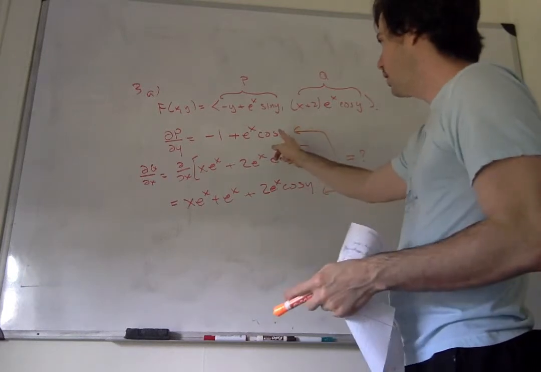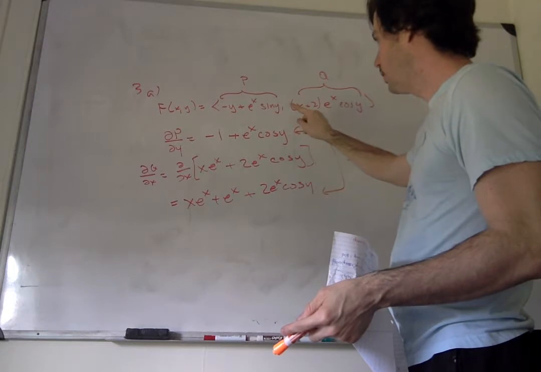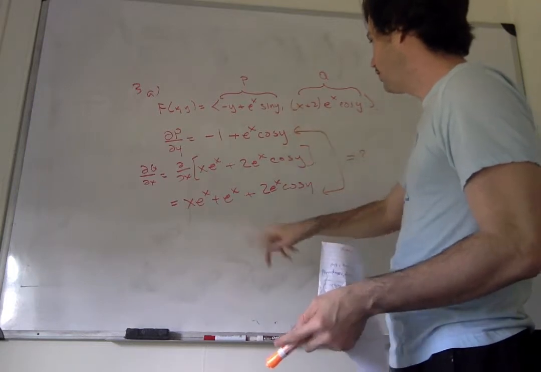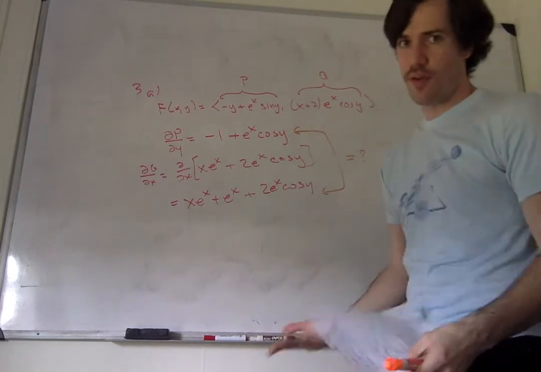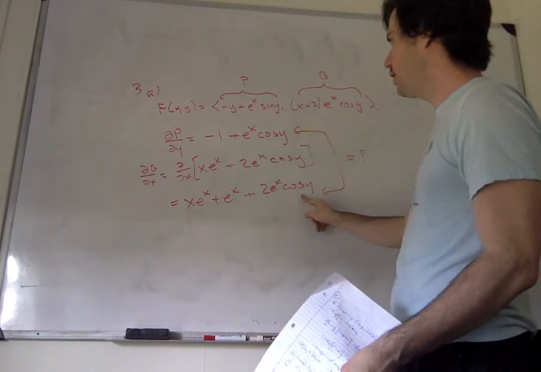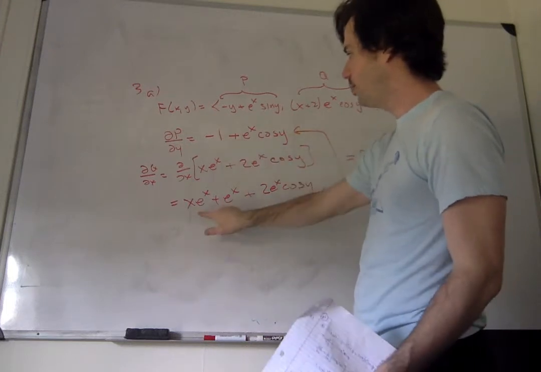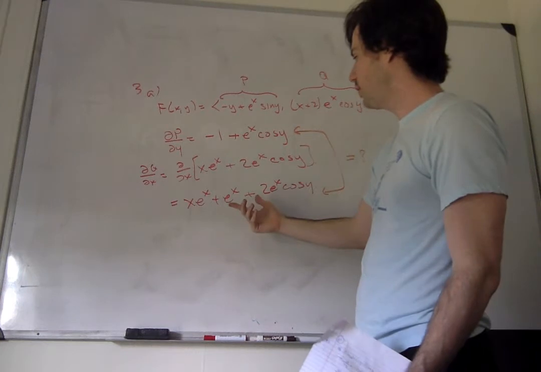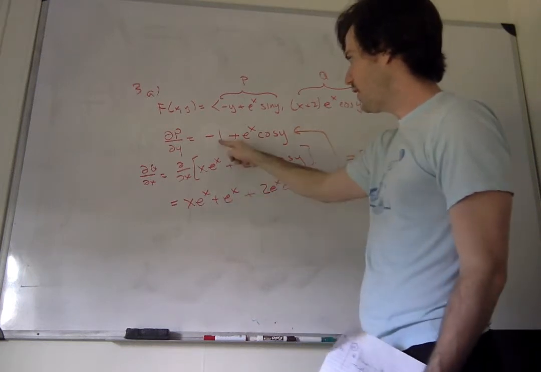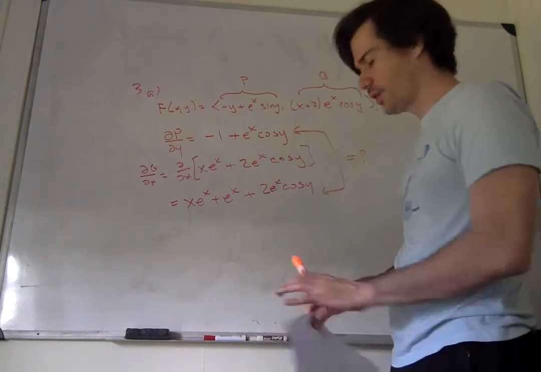How about if e to the x cosine y is equal to 0, then this is also equal to 0, and this is negative, but e to the x is always positive, so you're asking me to say that a negative number is equal to a positive number, so therefore they're not equal.